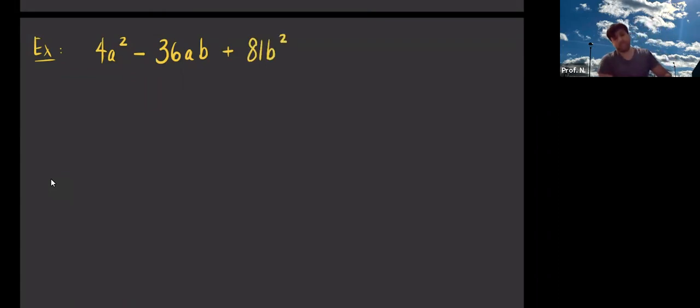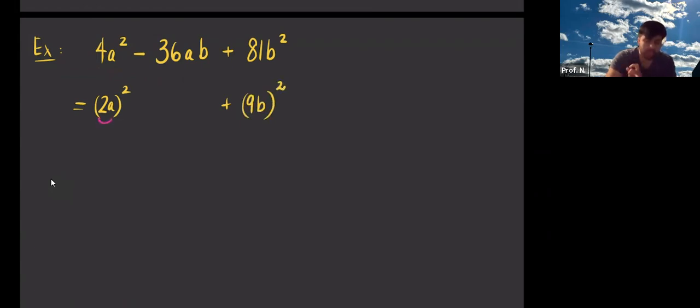So again, is this a perfect square trinomial? We'll have to check. The 4a squared, I can rewrite as (2a) squared. So that works out. 81b squared, I can write that as (9b) squared. So far I have my a, well, even though a repeats, and I have my b value.